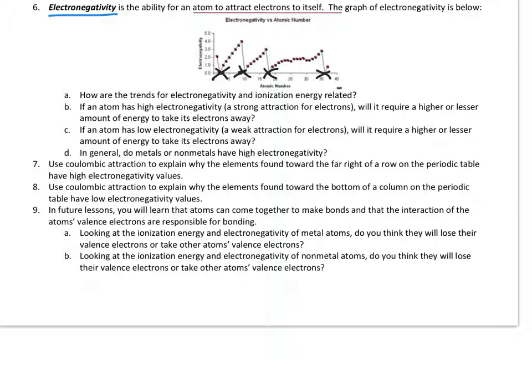so we're going to ignore them. So when we go across, for example, we're going to go from atomic number 3 over to number 9. On your periodic table, going across the second row, from 3 to 9, we get that trend.